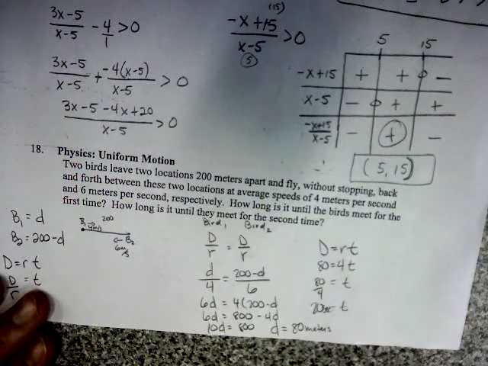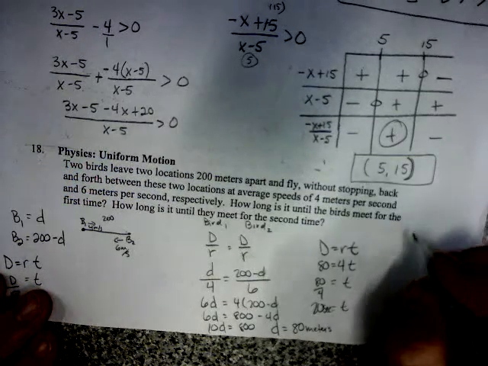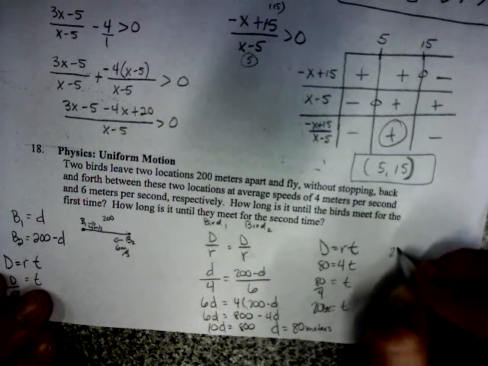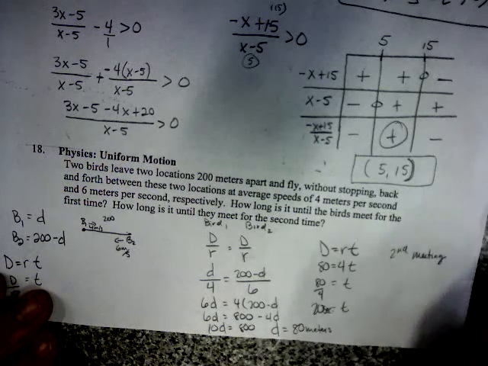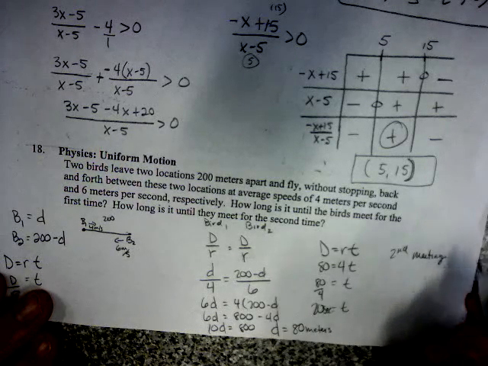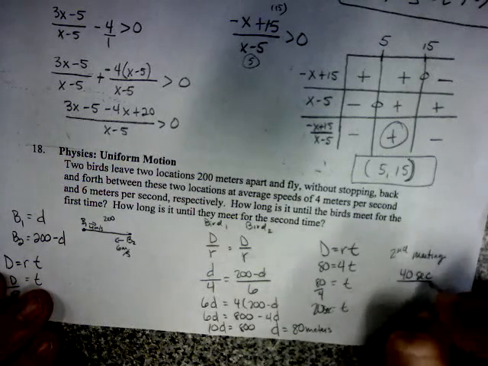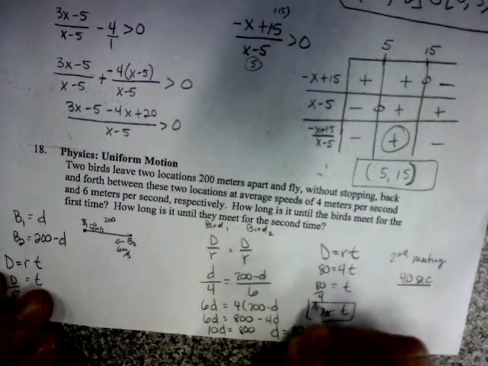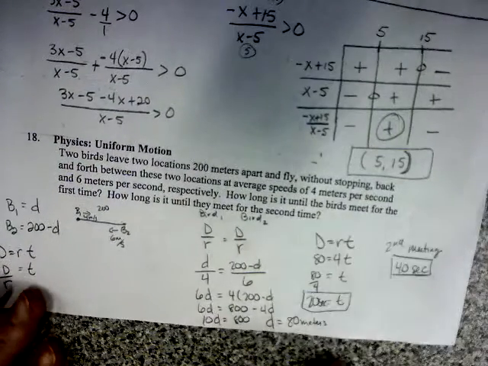So they fly for 20 seconds the first time through, and the second meeting will be the same amount of time again, so 20 seconds and 20 seconds, so it will be 40 seconds. So 20 seconds for the first time, 40 seconds for the second time is the solution to this problem.